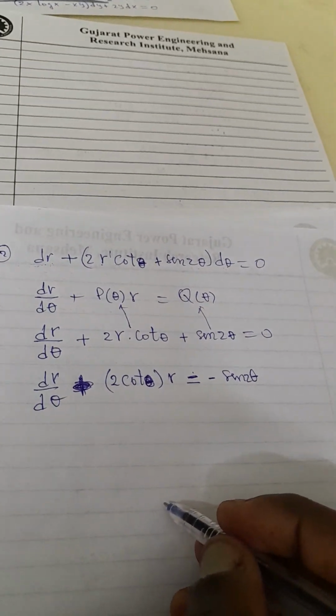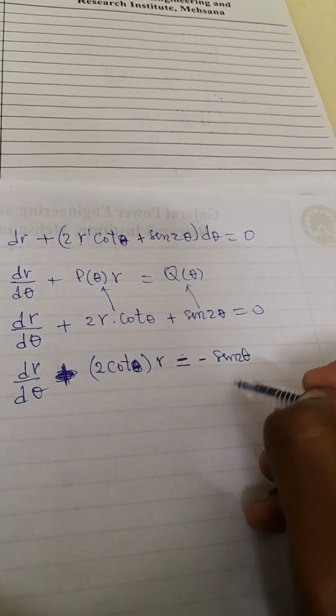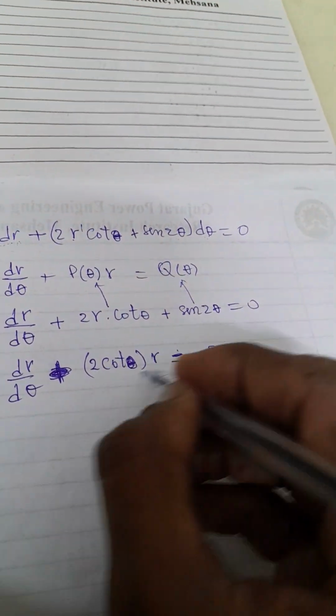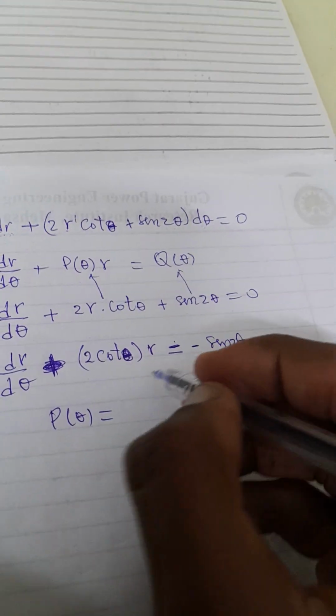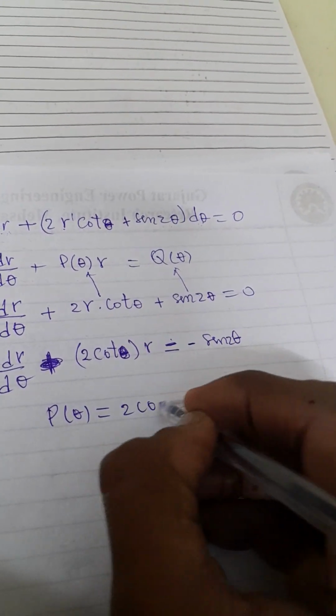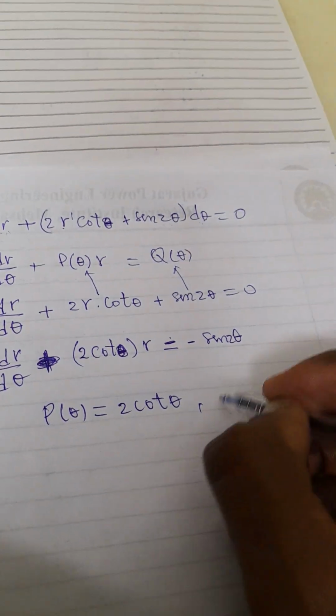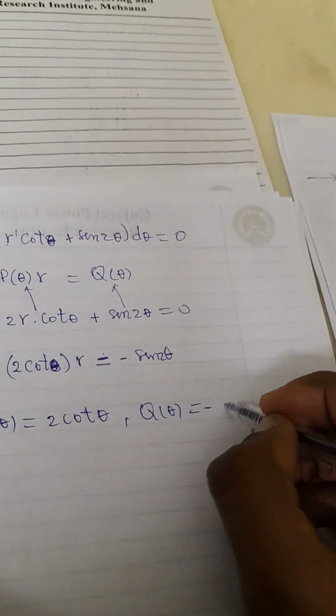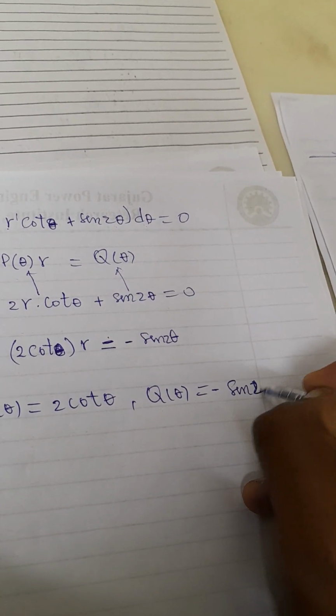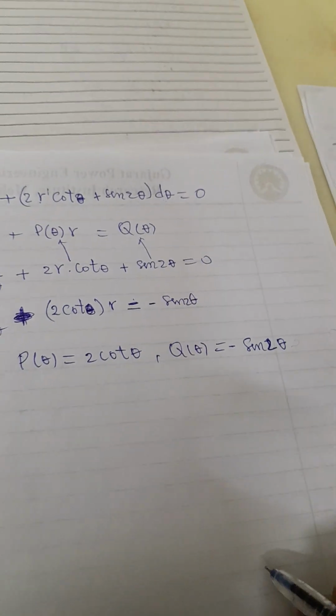So what does it mean? It means that here I have p of theta equal to 2 cotangent of theta, and q of theta will be equal to minus sine of 2 theta.